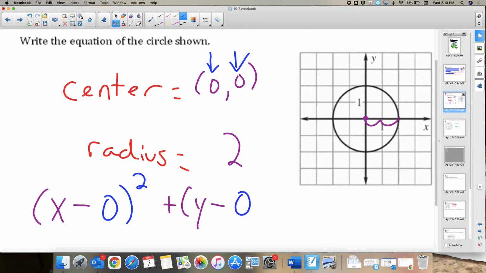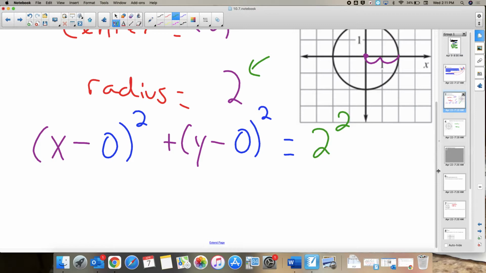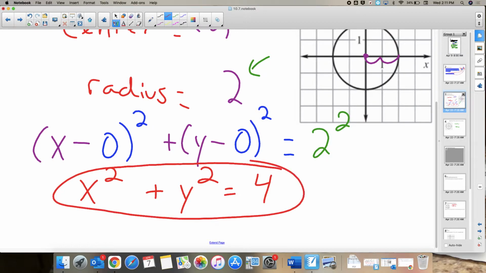In that case, this is 0 also squared. Equals whatever that radius is squared. Once you plug in those pieces, then we just simplify what we can. X minus 0 is just x. Y minus 0 is just y. 2 squared is 4. And that is what our equation will look like. X squared plus y squared equals 4.